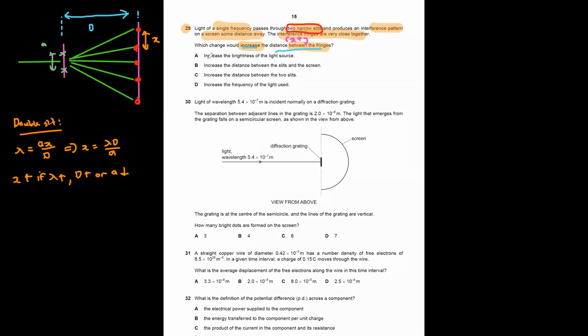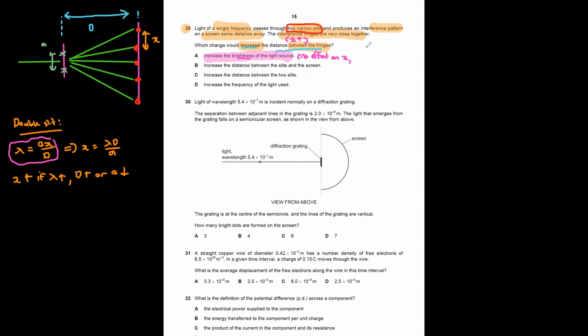If we were to increase the brightness of the light source, there's actually no effect on X, no effect on the fringe separation because the brightness of light is actually not represented by the equation here. So if it isn't represented by the equation here, increasing the brightness of light by right should have no effect on the fringe separation.